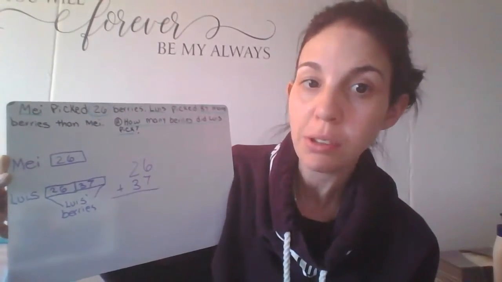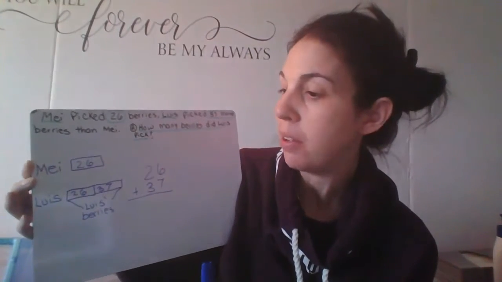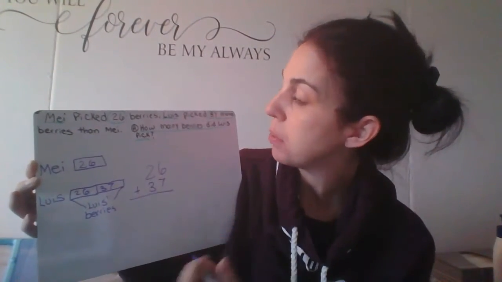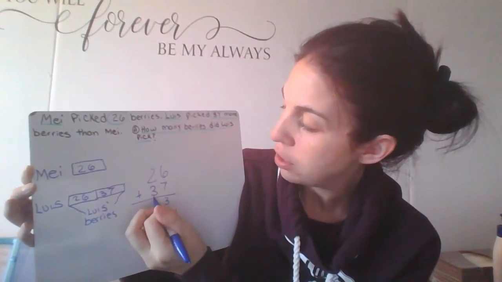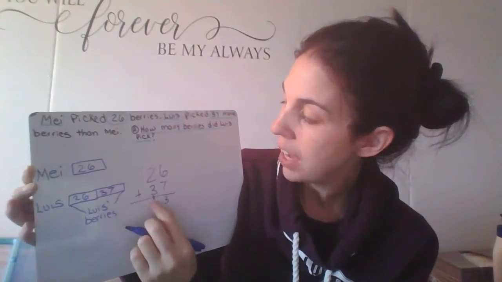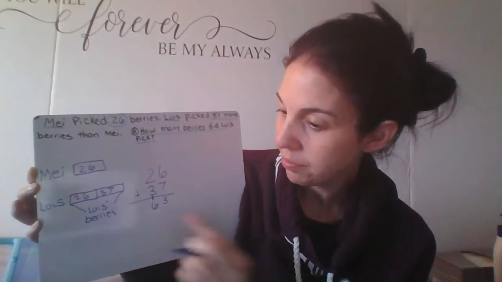And I'm going to use one of our newer strategies that we just kind of have been talking about, and it's called new groups below. So 6 plus 7 equals 13. And I'm going to draw my new group below. 3 plus 2 is 5. 1 more is 6. My answer is 63.